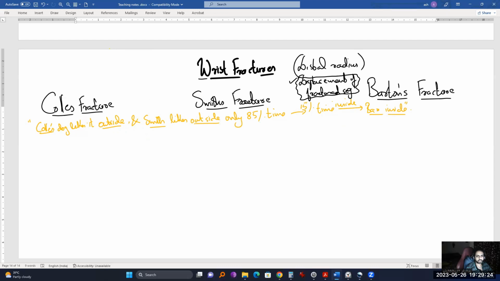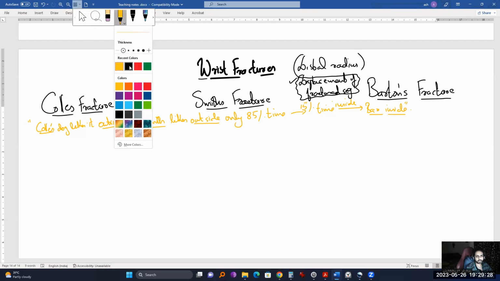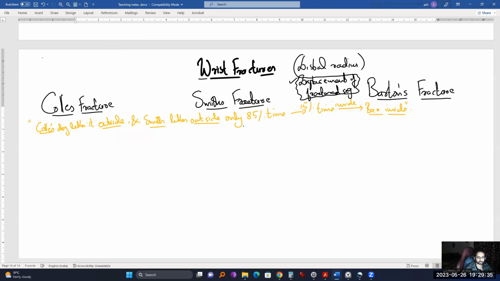Okay, so now let's first see the similarity between the Colles fracture and the Smith's fracture, and the differences. The similarity is, like I said, both are extra-articular. Colles is extra-articular.